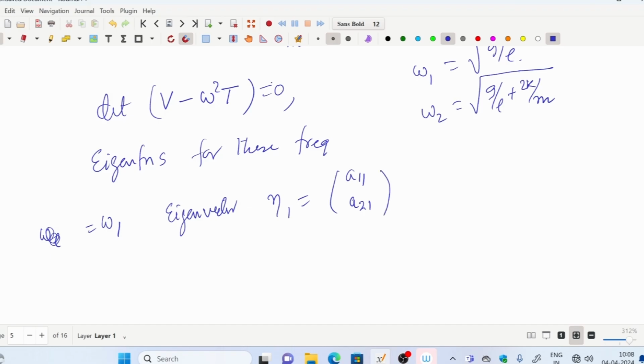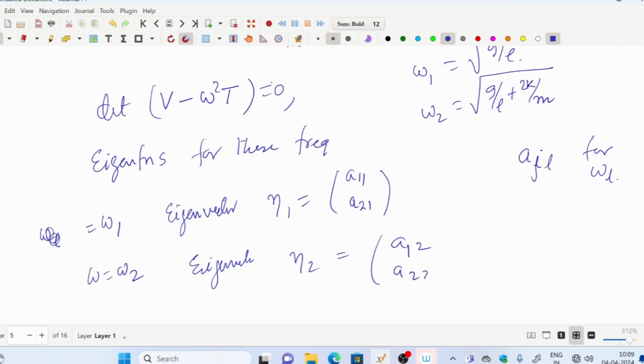My notation is that I am denoting a_lj for the eigenvectors for omega l. So for l equal to 1, both places have 1, and j is summed over the number of frequencies we have. Similarly, for omega equal to omega 2, the eigenvector will be eta 2 equal to a12 and a22.